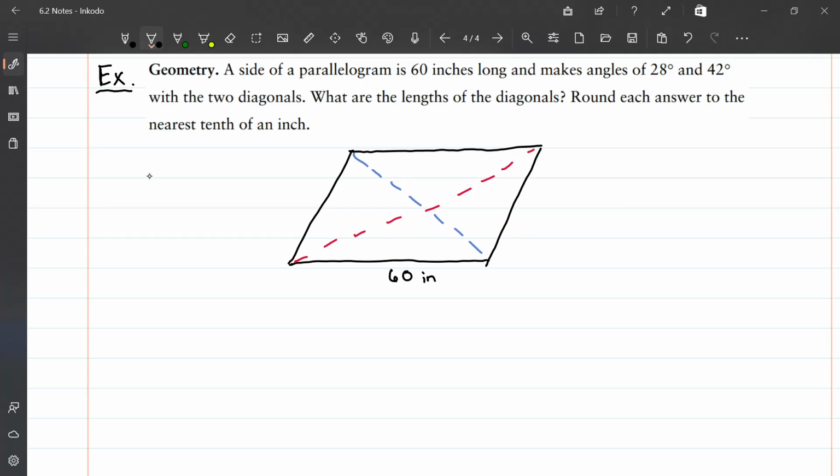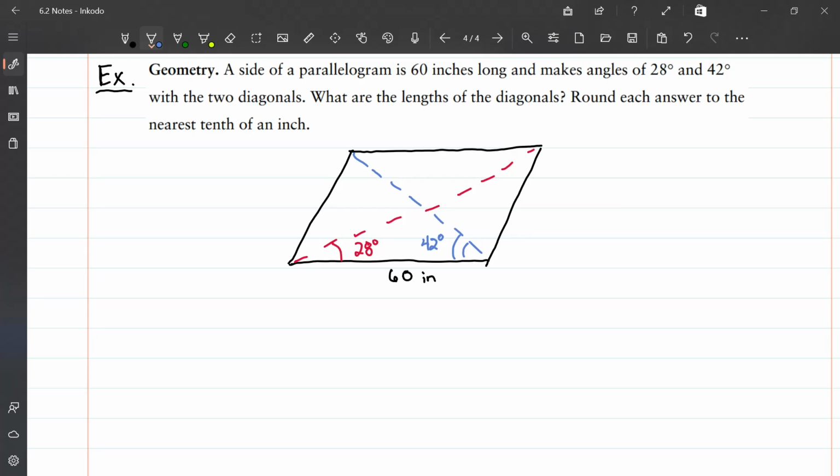So in other words, an angle here of, to me this one looks like the smaller one, so 28 degrees, although if I put it on the other side as 28 degrees, it wouldn't be a problem. And an angle on the other side of 42 degrees. Like so. And from this information, we want to figure out the lengths of the two diagonals, rounded to the nearest tenth of an inch.